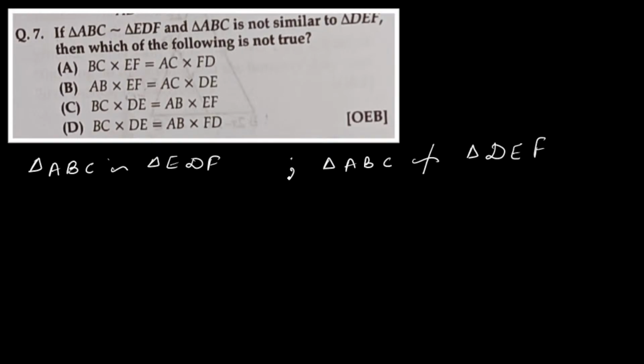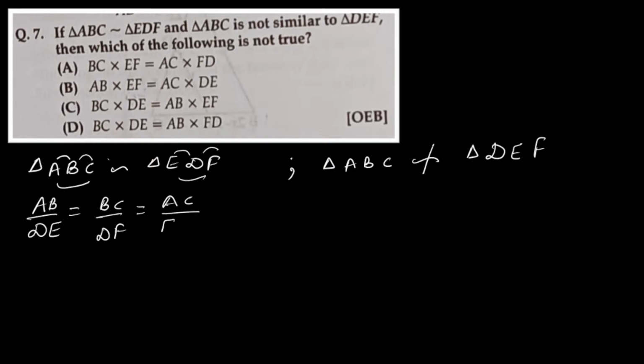First thing, when you know any two triangles are similar, you write the ratio of their corresponding sides. So AB by DE equals BC by DF, which equals AC by EF.